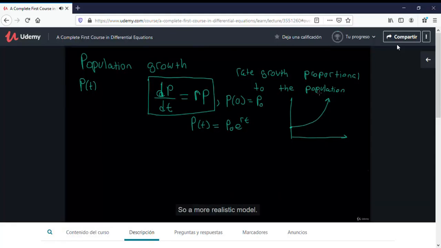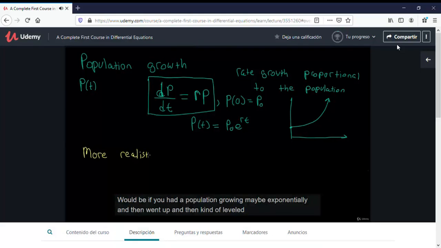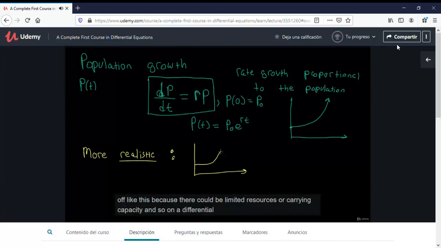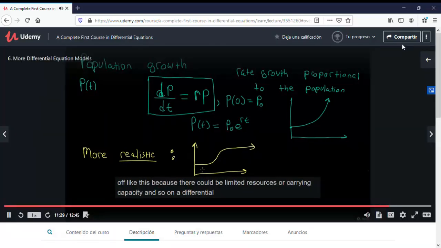So a more realistic model would be the following. Would be if you had a population growing maybe exponentially and then went up and then kind of leveled off like this, because there could be limited resources and a carrying capacity and so on.